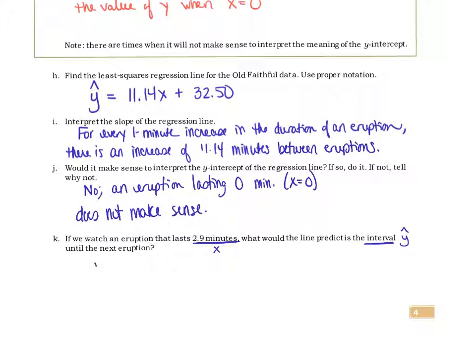So knowing that X is 2.9 minutes, we would have 11.14 times 2.9 minutes, plus 32.5, just taking our equation from back in part H. And we would find that it is a predicted interval between eruptions of 64.8 minutes. Okay, that doesn't mean that's exactly what's going to happen, but again, it's our best prediction.